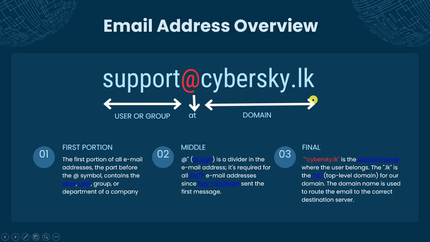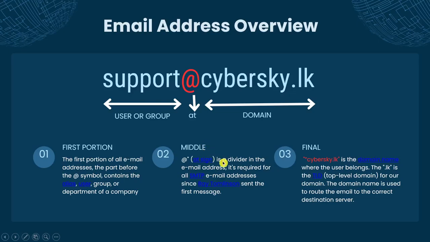The most used top level domain is .com, and you can also see .biz and .org. Likewise there are many more top level domains available on today's networks. The first portion is very simple: it represents the user, group, or department of the company.